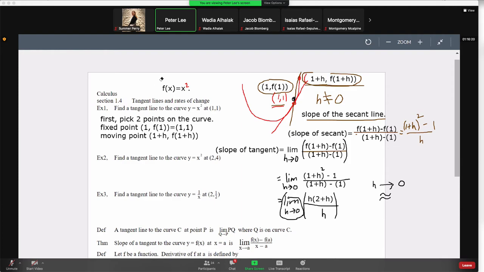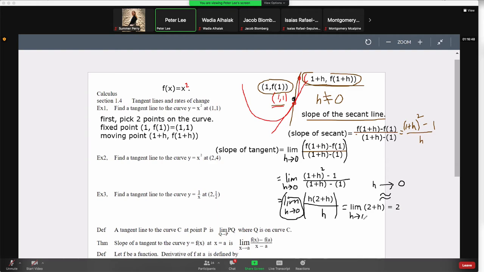So this is now equal to the limit of 2 plus h, as h is approaching 0.